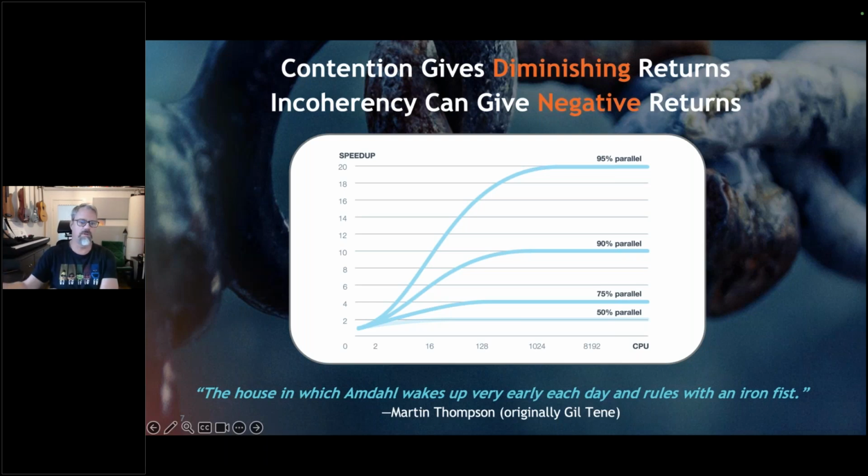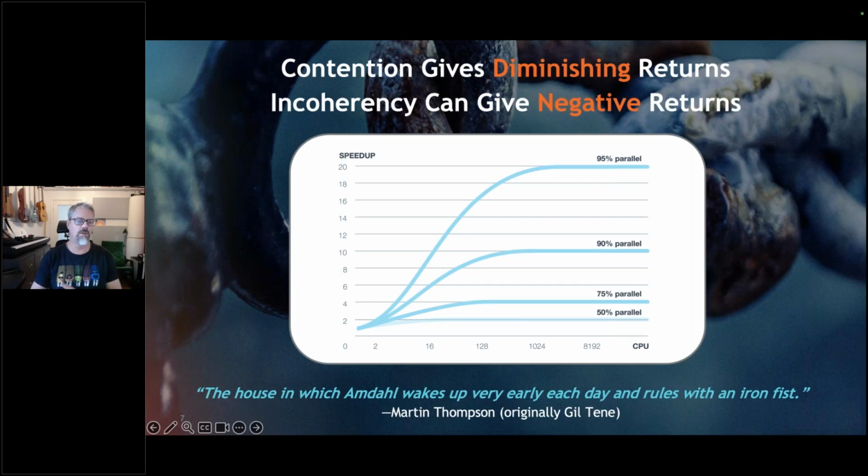You have cores on the horizontal axis and speed up on the vertical axis, and so it doesn't matter how much more resources you add. When you hit the ceiling on Amdahl's law, you've exhausted what you can do, regardless of how many more resources you're adding.